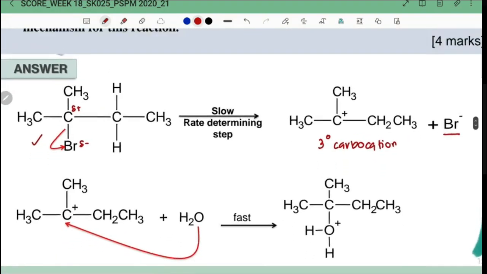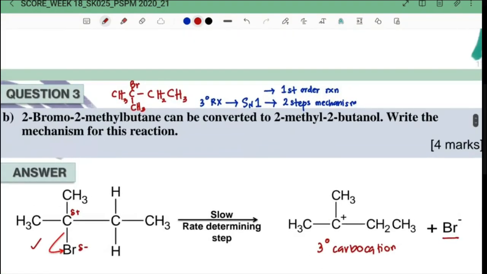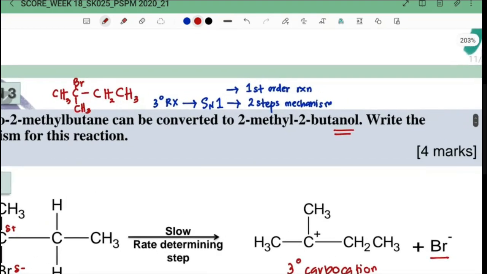And then, because we want it converted to alcohol, since this one is SN1, a first order reaction which does not depend on the nucleophile, it is usually favored for reaction with a weak nucleophile. So to make the OH, of course, react with a water molecule.